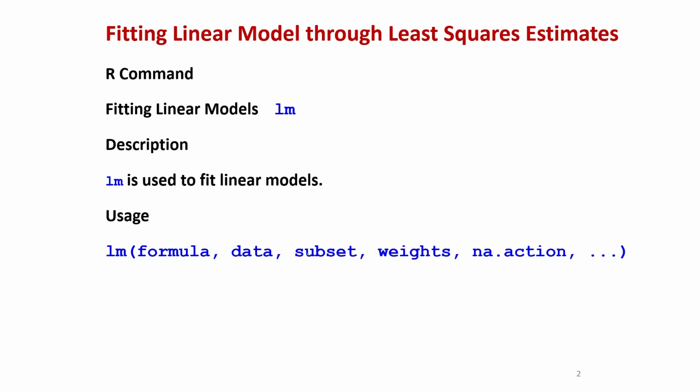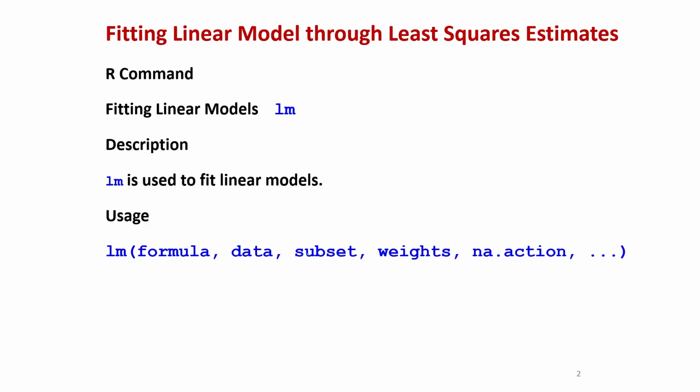We learned how we can estimate the values of alpha and beta on the basis of a given set of data, and then we obtained a fitted model. Fitted model means the model in which we have obtained the unknown values of alpha and beta on the basis of the given data. For that we used the principle of least squares. After that we made all the calculations manually. So now in this lecture I would like to show you the R commands for finding the same model which you obtained manually.